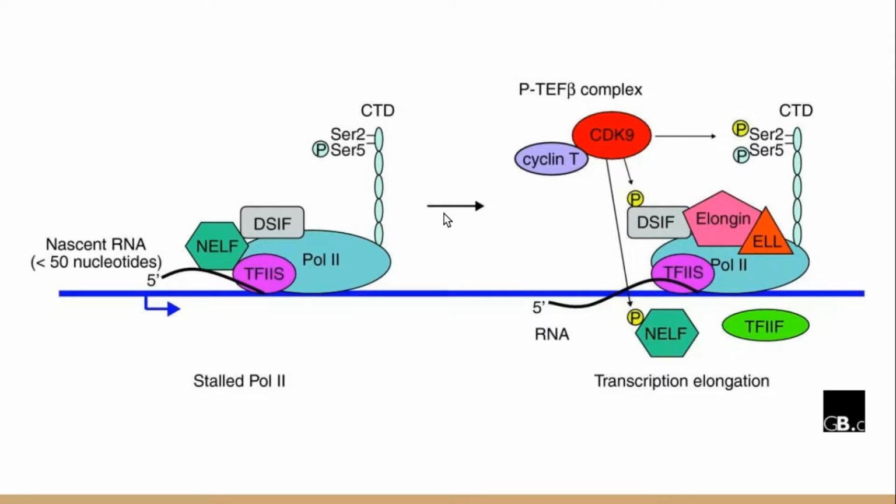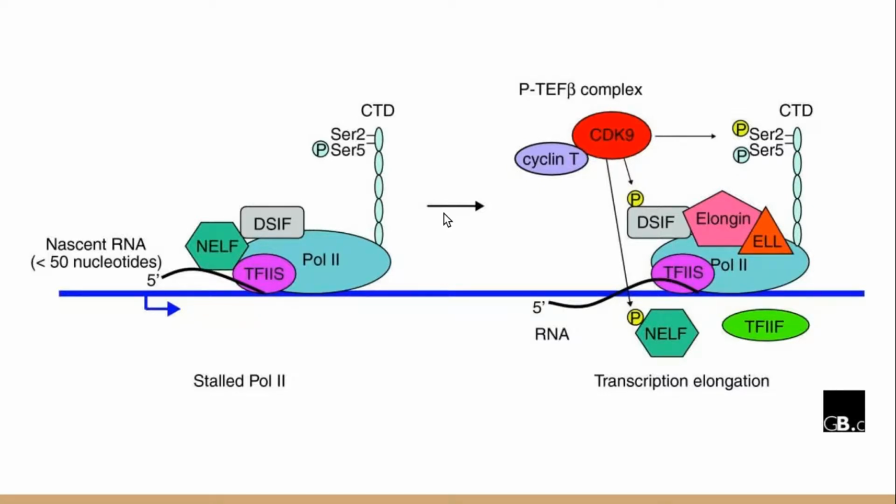RNA elongation consists of two primary conformations, a stalled RNA polymerase 2 and a processive RNA polymerase 2. The stalling of RNA polymerase 2 is a very underappreciated phenomenon that regulates transcription. It's estimated that up to 20% of all RNA polymerases in your body right now are stalled and not moving.